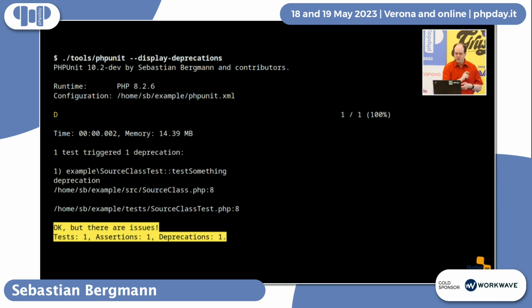Short side note, or short detour, if you will. Every E_DEPRECATED, E_NOTICE, E_STRICT, E_WARNING, whatever, will be emitted by the PHP runtime, even if you have configured it in PHPUnit, or if you're using the error suppression operator, so that you do not see it, so that it's not reported.